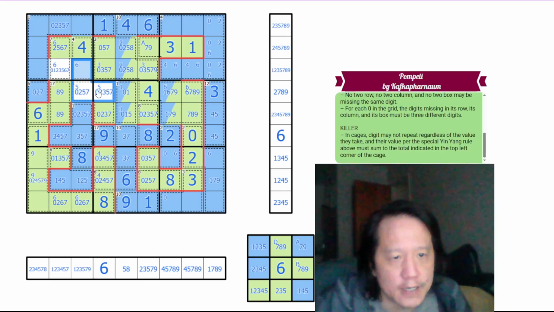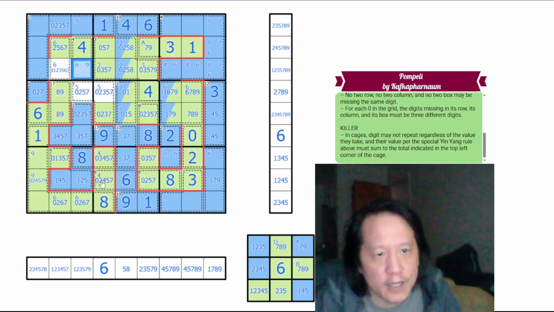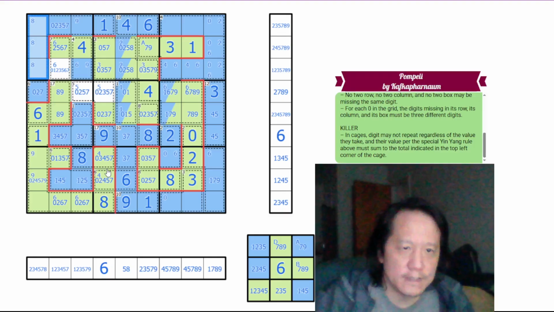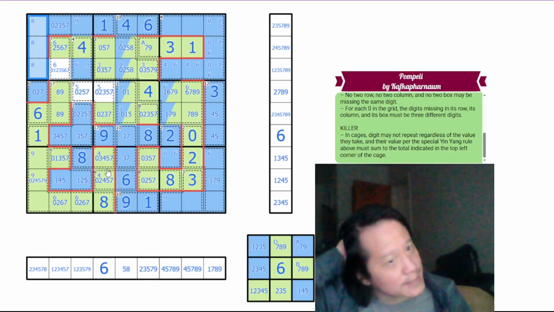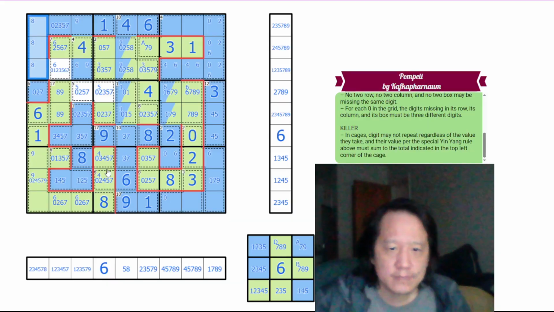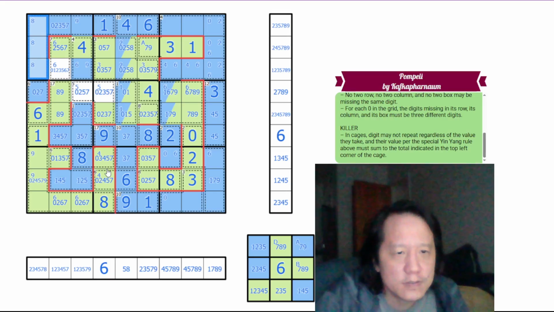Oh, we need a 9 in box 1. So it has to be one of these two. We need an 8 in box 1. It has to be one of these 3. We need a 6, we have a 4.